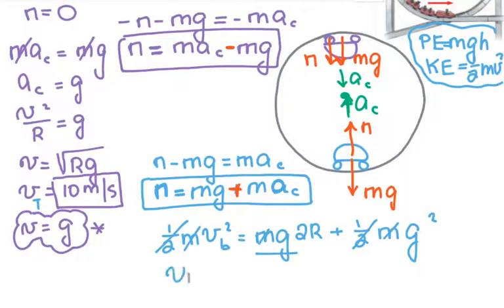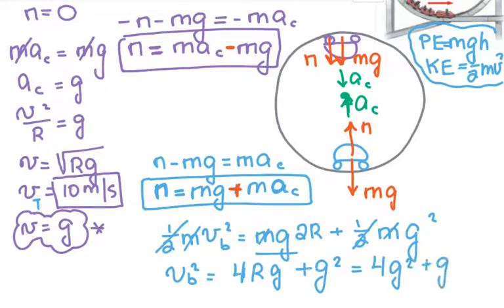I have v bottom squared equal to 4rg plus g squared. If I multiply them all by 2, the last term has no fraction. And because r is also 10, what they did in the book is write 4g squared plus g squared, which is 5g squared.